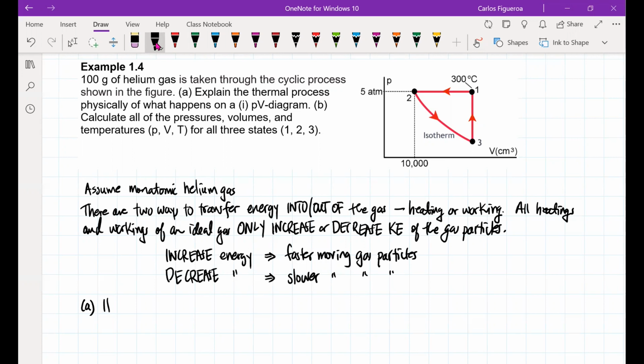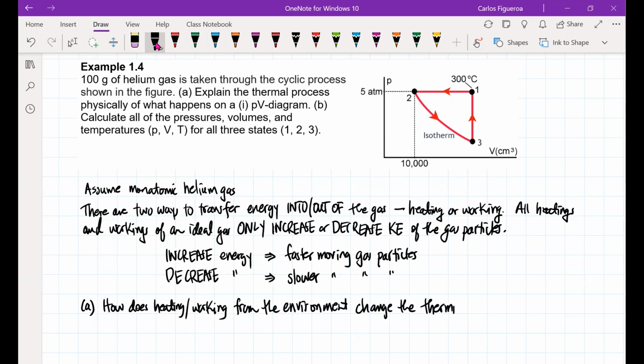So the question is, how does heating or working from the environment change the thermal state of the gas inside the piston? Okay.